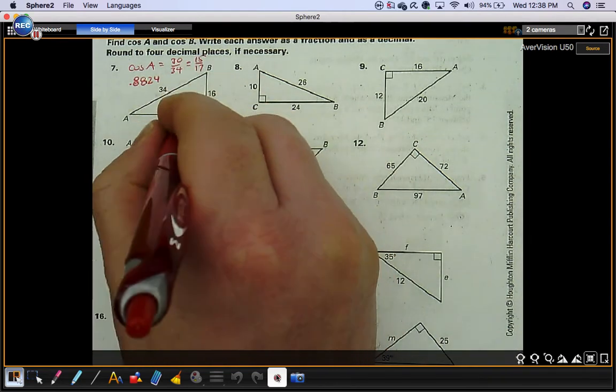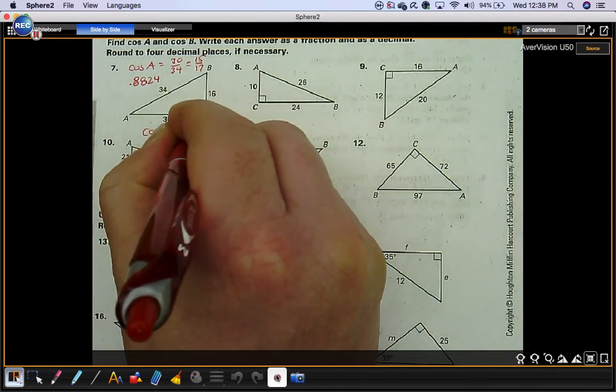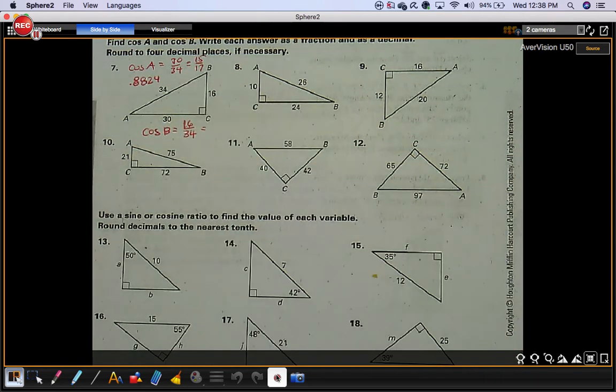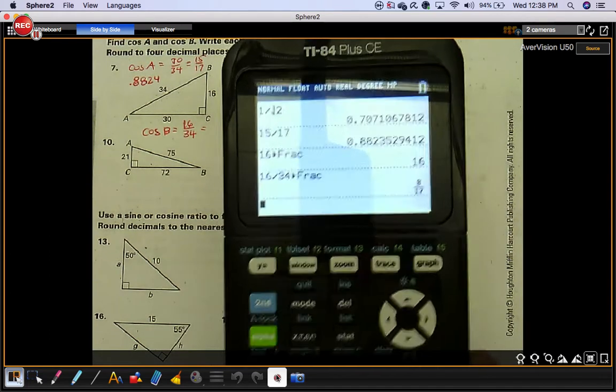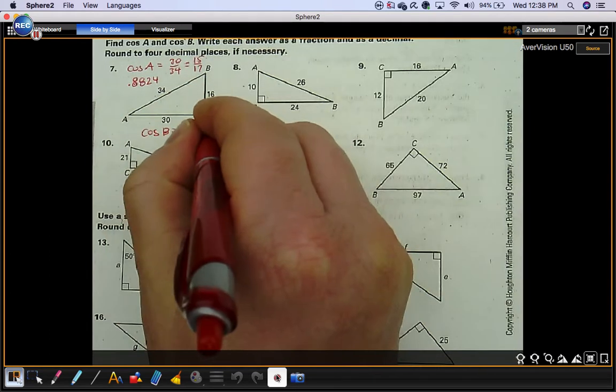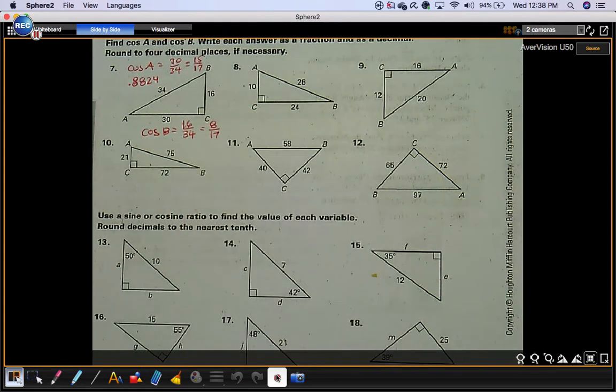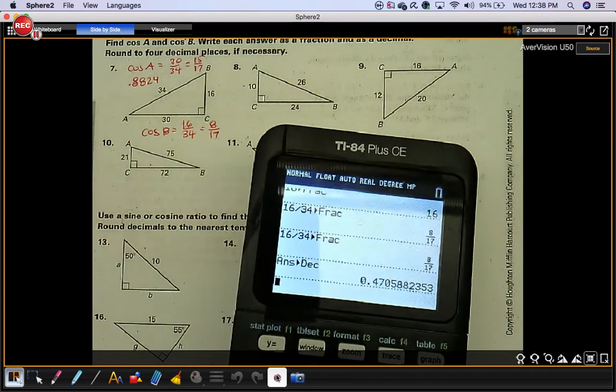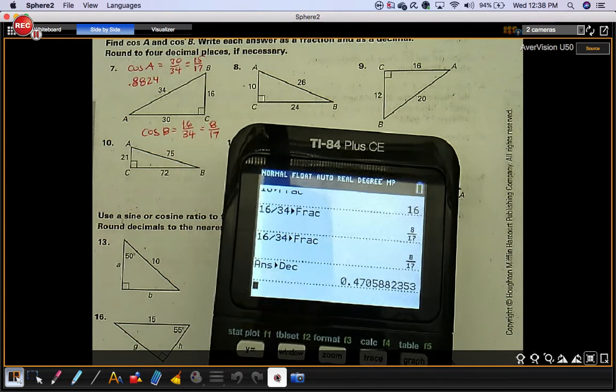Cosine of B is 16 over 34. 16/34 reduces to 8/17. 8/17 is 0.4706.